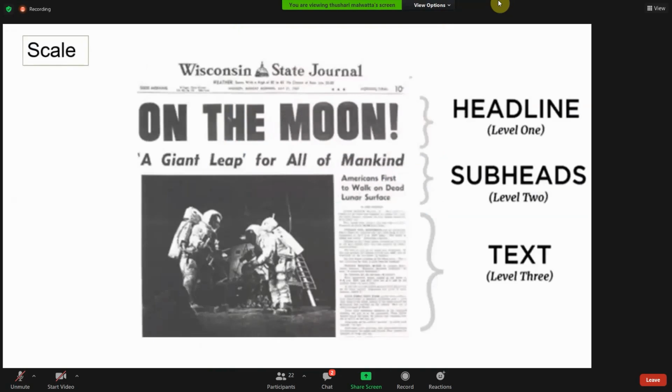Next, scale. You can use scale most of the time. Three scales of typography or font are used in artworks, in graphics.